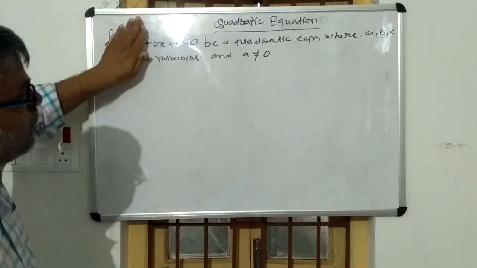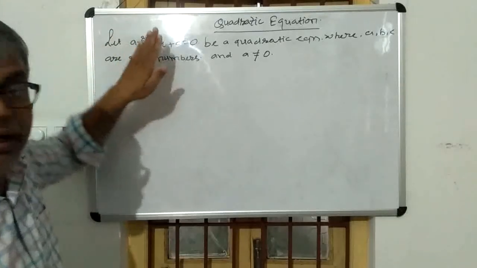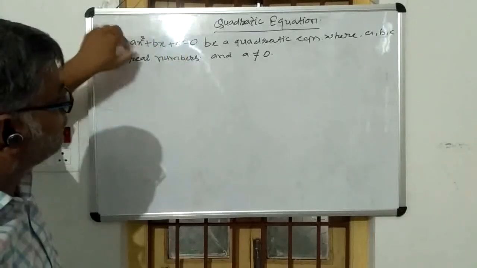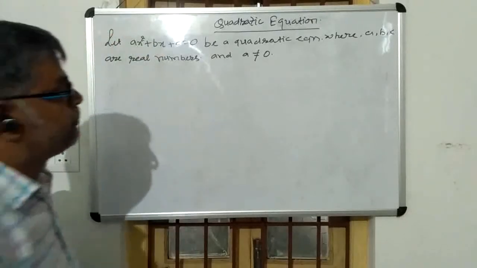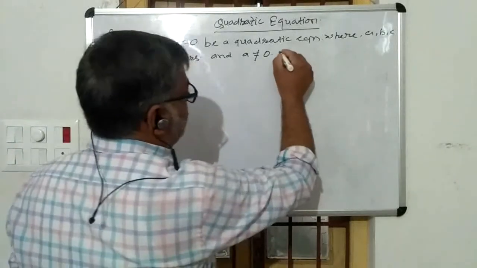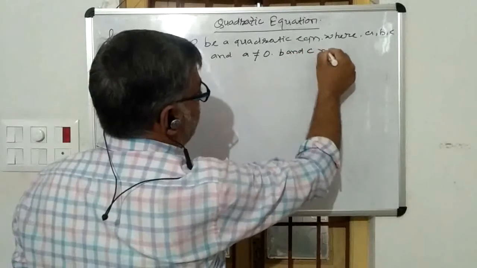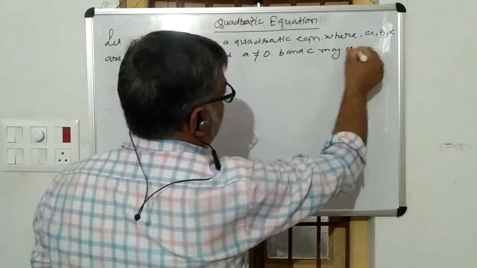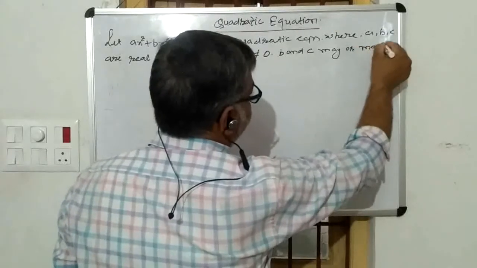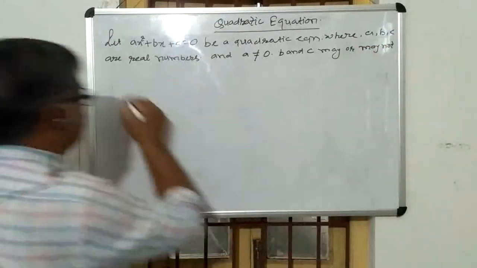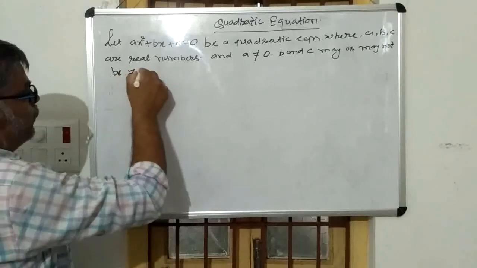It will not be a quadratic equation, because this term will be 0. And b and c may or may not be 0.